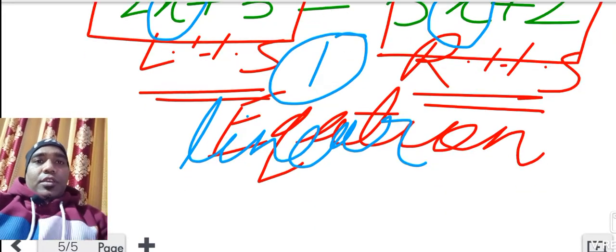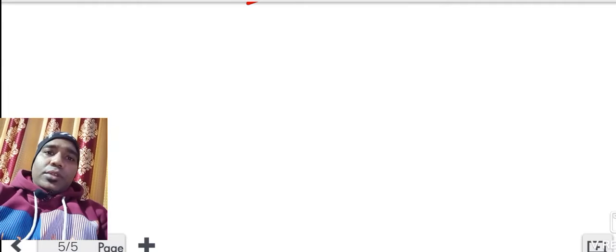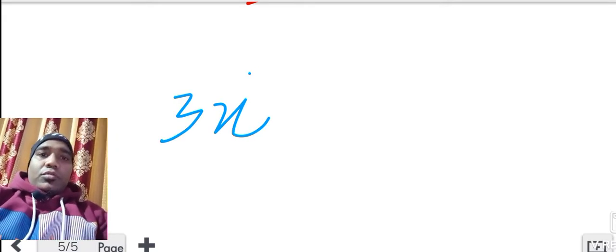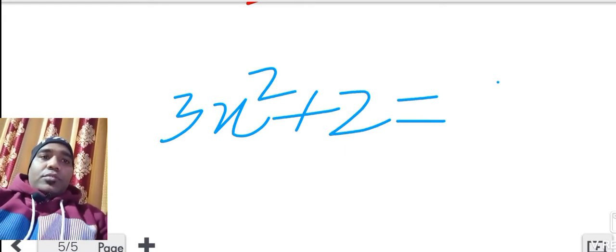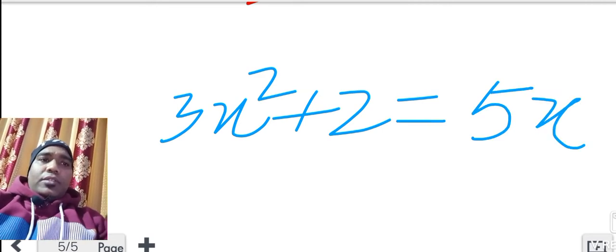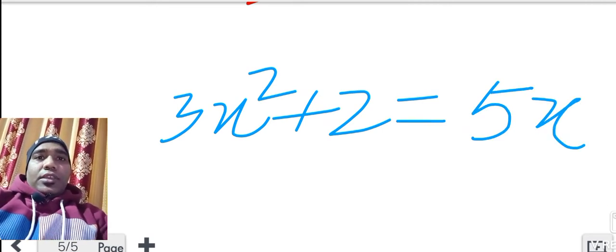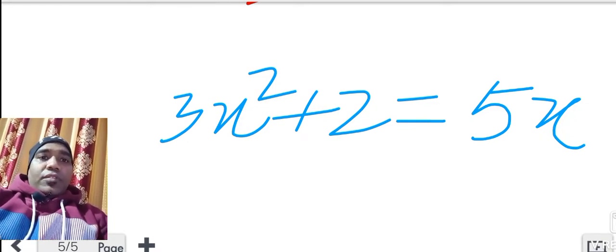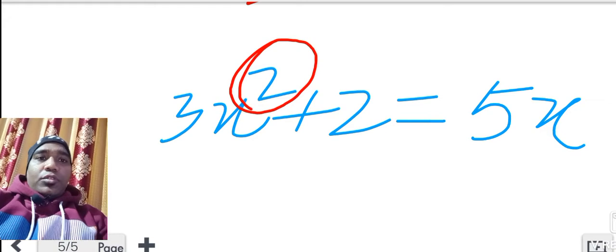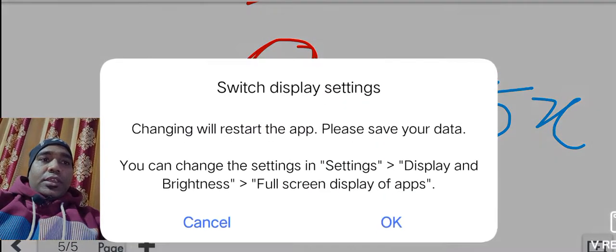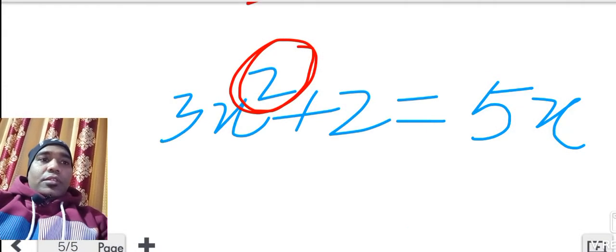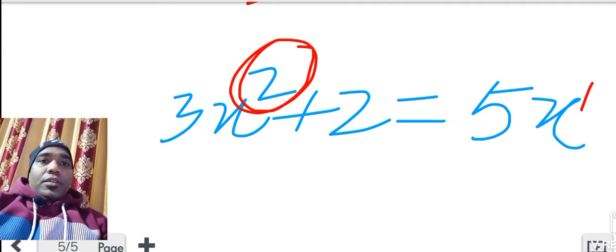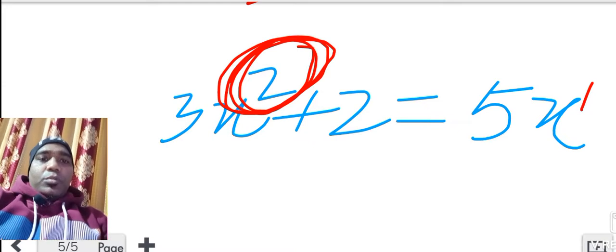Linear equation. When the exponent on the variable is more than 1, suppose 3x square plus 2 is equal to 5x, like this, then you can see the maximum exponent on the variable is 2.